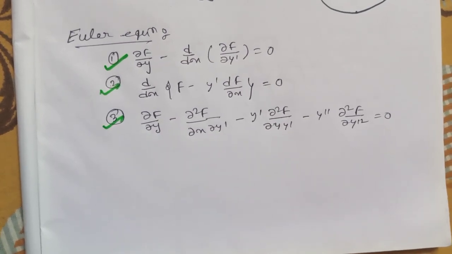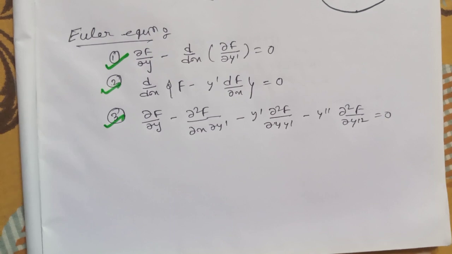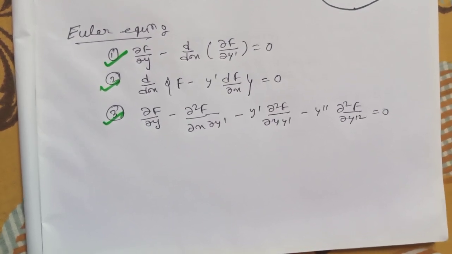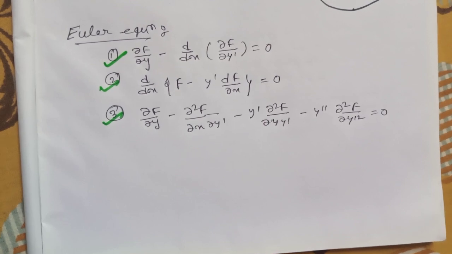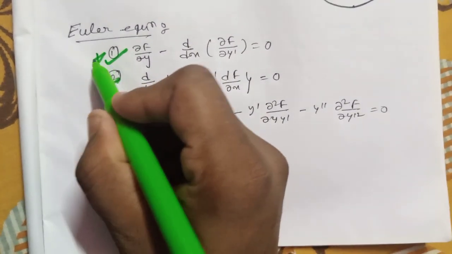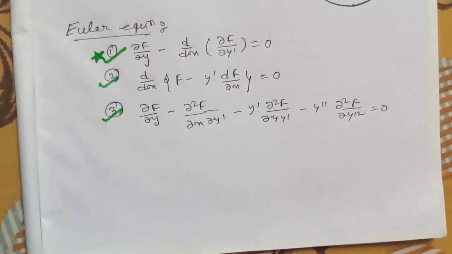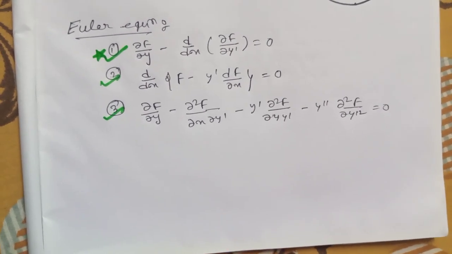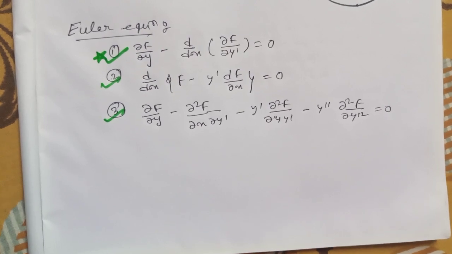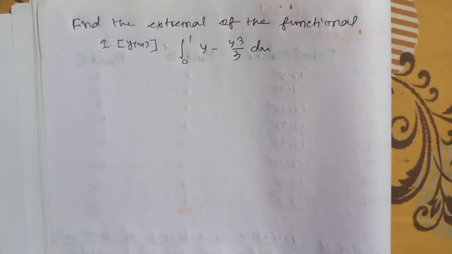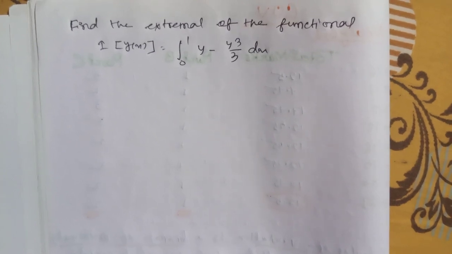I will not go into the details, just use these formulas and find the extremal. Number 1 is very important. In most cases, this formula is used. So let's see what type of question has arisen in CSIR NET.